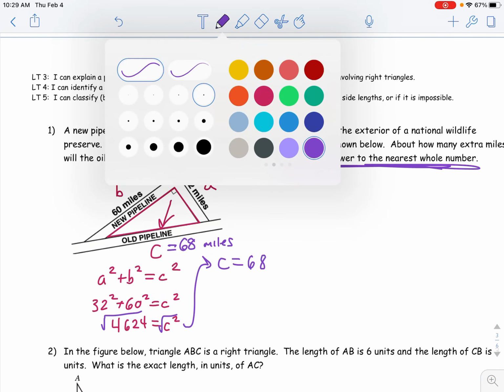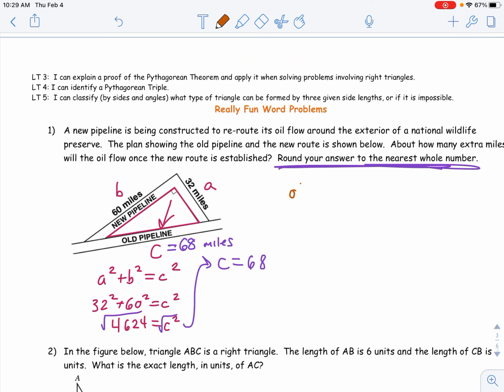So let's actually do this. New route, I'm going to write new R for new route, is 60 plus 32, so it's 92 miles. The old route was just 68 miles.